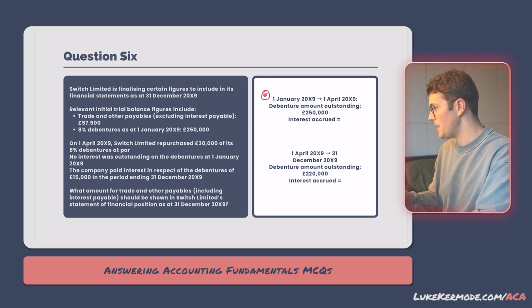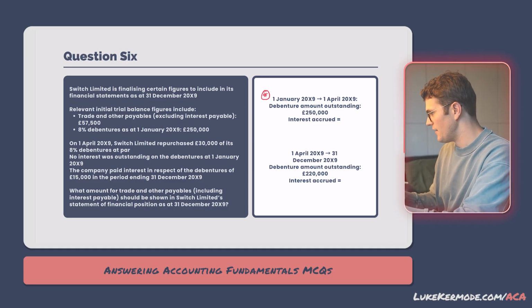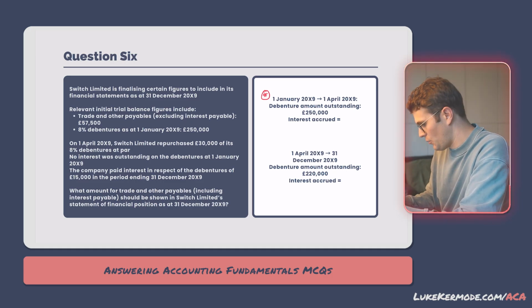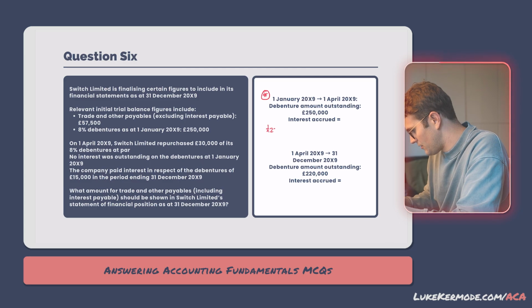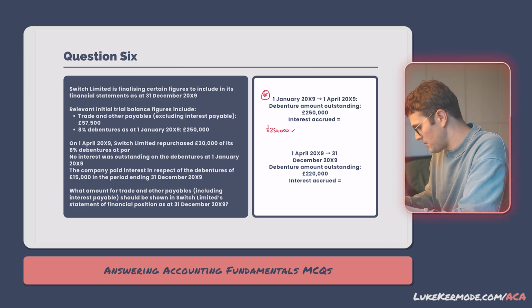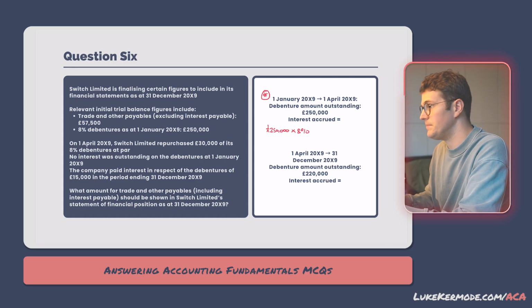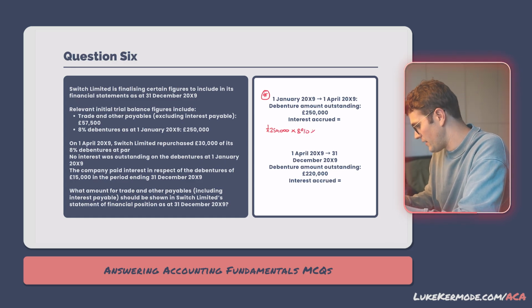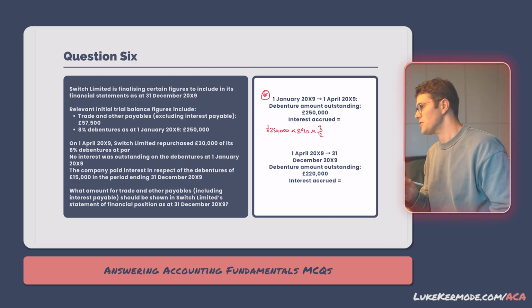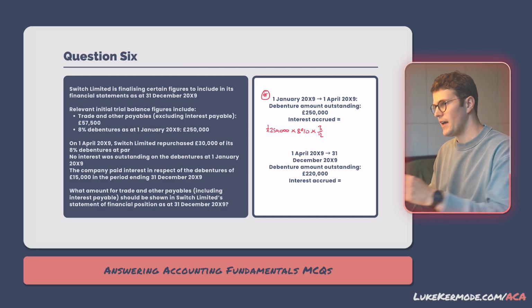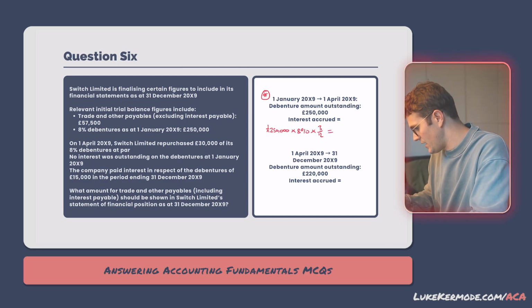So for this 3-month period, we calculate the interest accrued equal to the £250,000 par value multiplied by the 8% interest rate, and then we multiply that by 3/12 to prorate it for the amount of time we're looking at in this period. So that gives us interest accrued equal to £5,000.